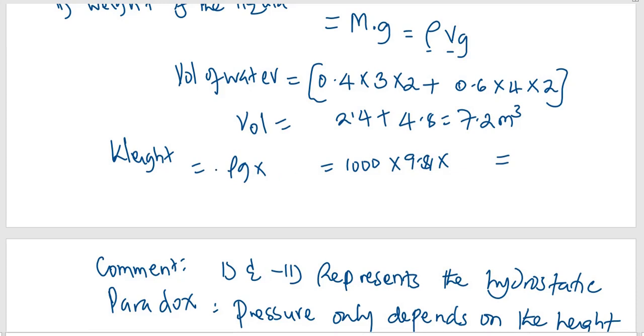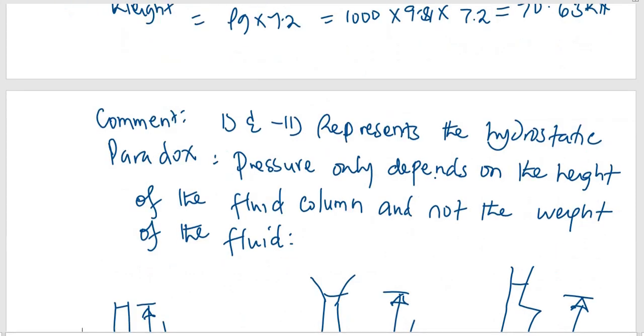Therefore weight of the liquid will equal rho g times 7.2, which is equal to 1000, which is the density of the liquid, times 9.81 times 7.2, and would give you 70.63 kilonewtons.